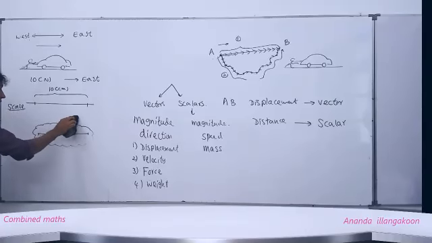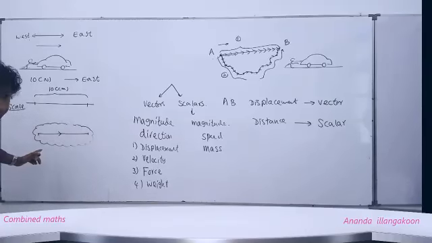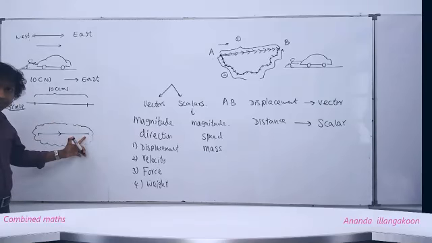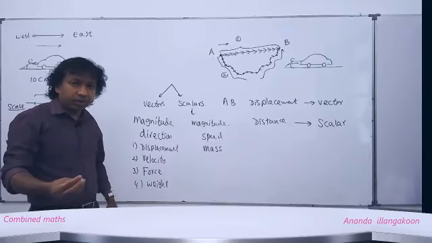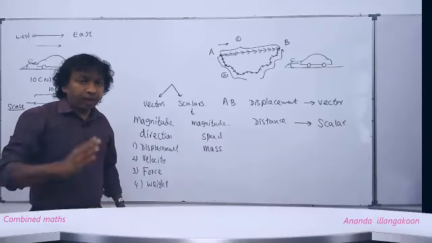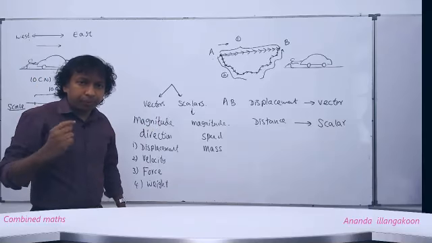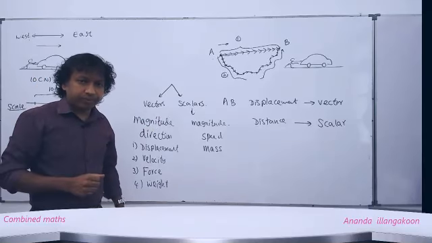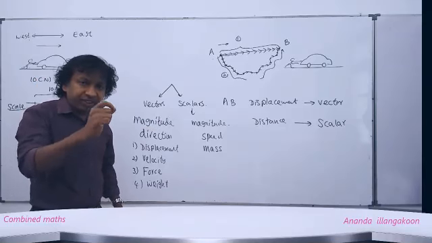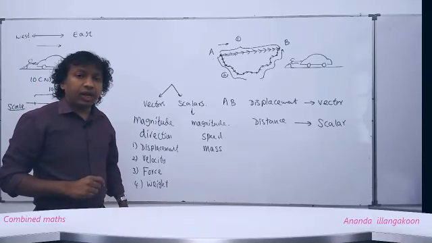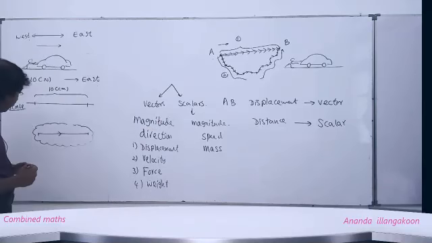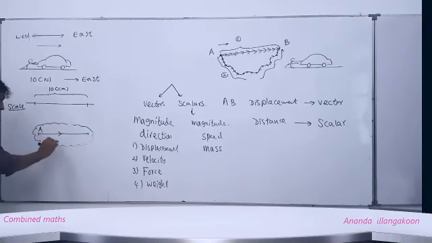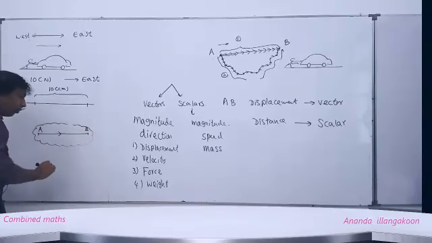Understand? Then the length of the line segment is equal to the magnitude of the vector, and that line segment is drawn parallel to the direction of the vector, and to show its exact direction we put an arrowhead on it. After that, people, this starting point and this ending point we mark using capital letters.